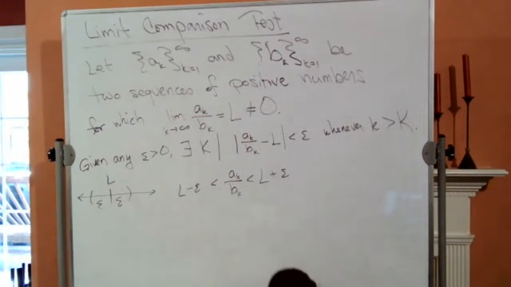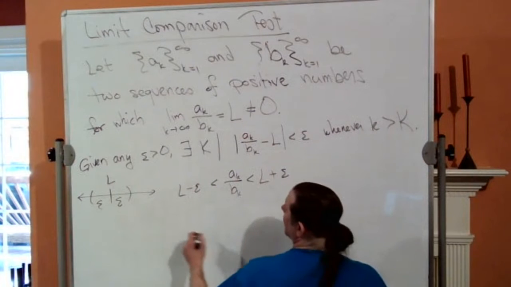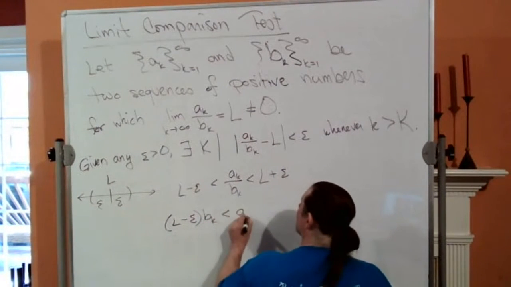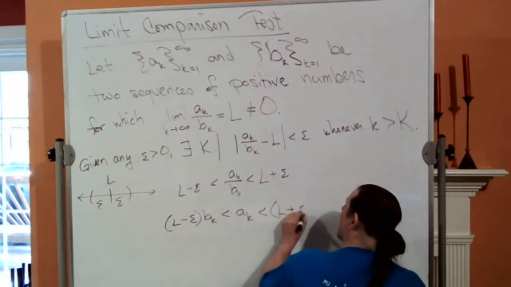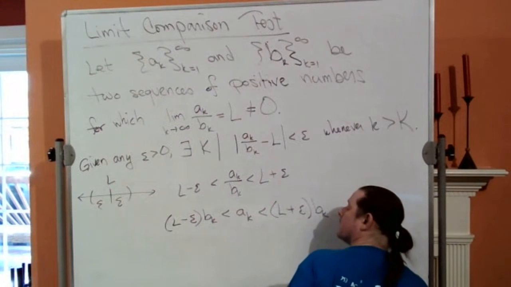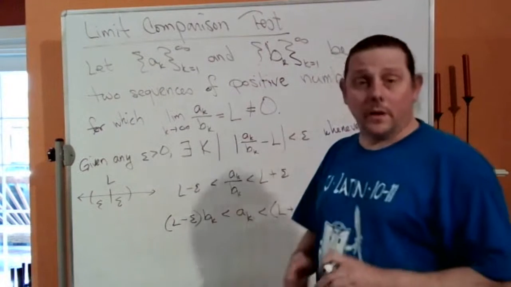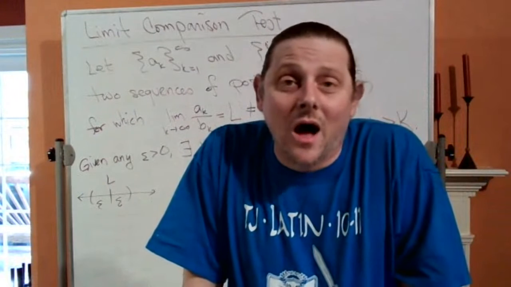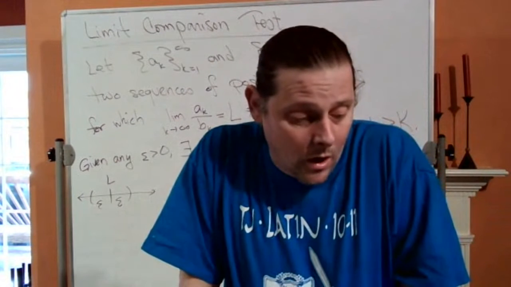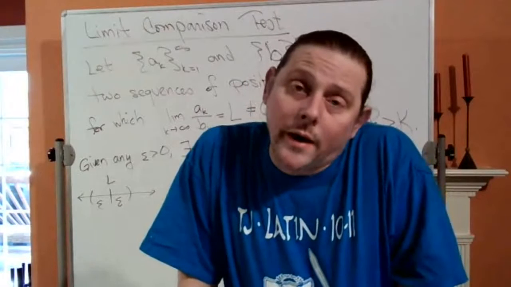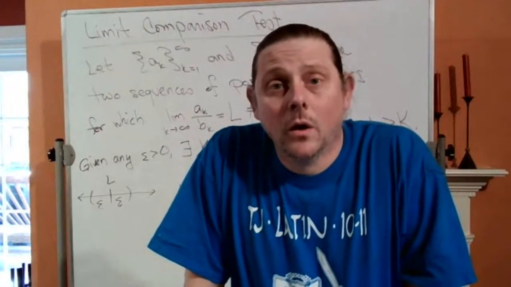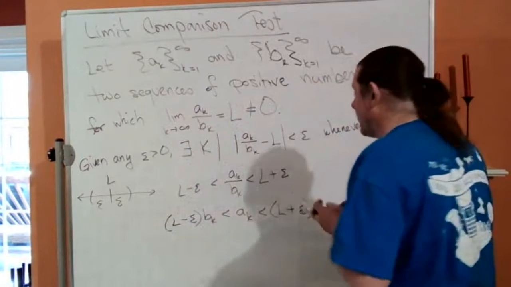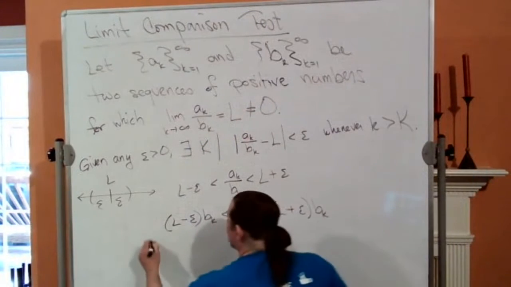All right, and now, since the B's are all positive, we can multiply this inequality by BK. And then, of course, because we're aware of Cauchy's convergence criterion, we're going to sum all three sides of this inequality from capital N plus 1 to capital N plus P, where capital N is some number larger than this capital K. All right?